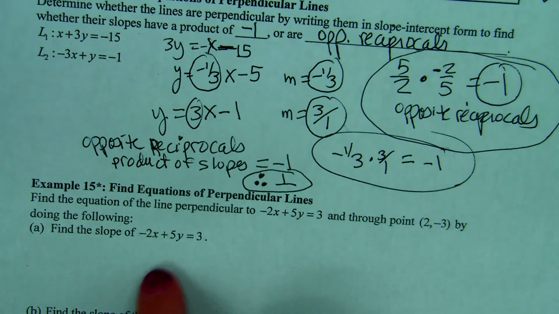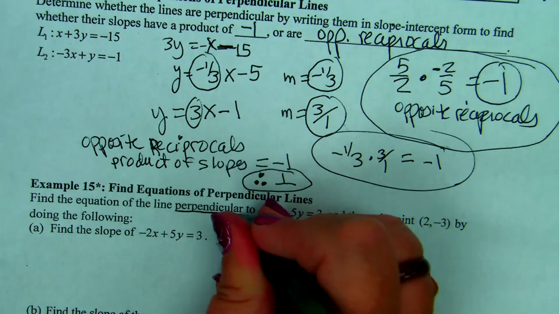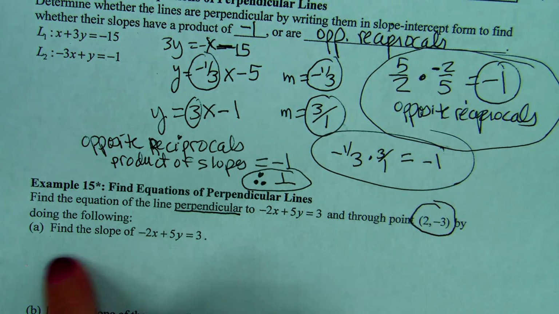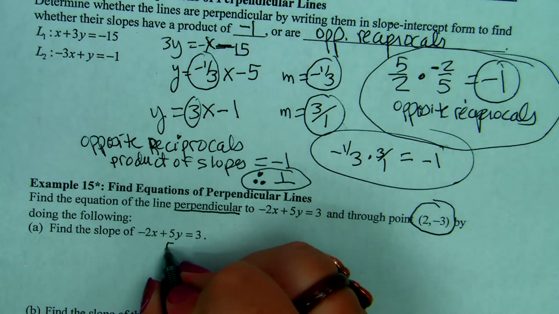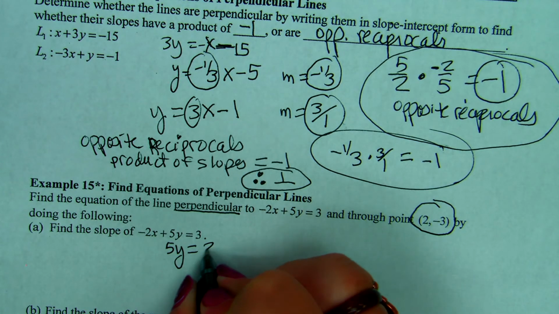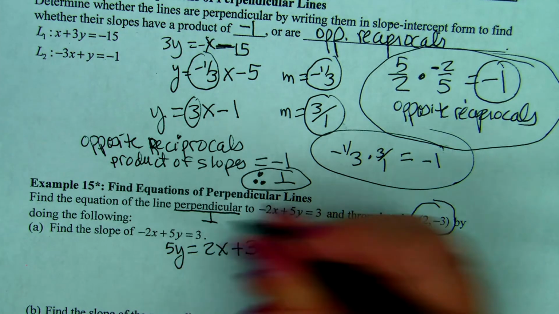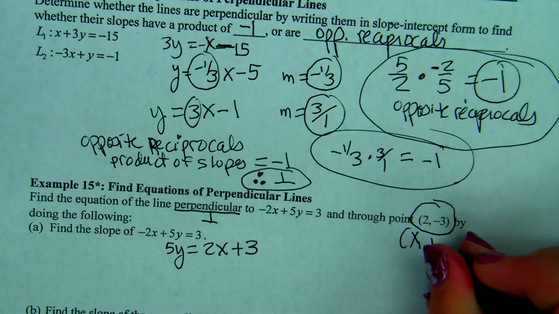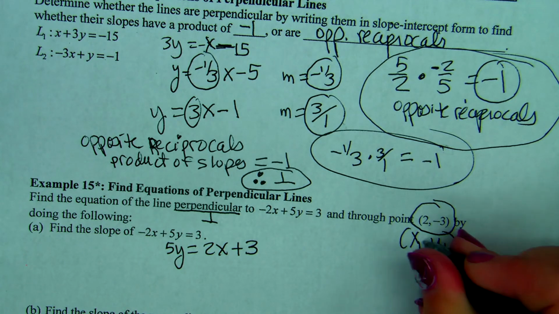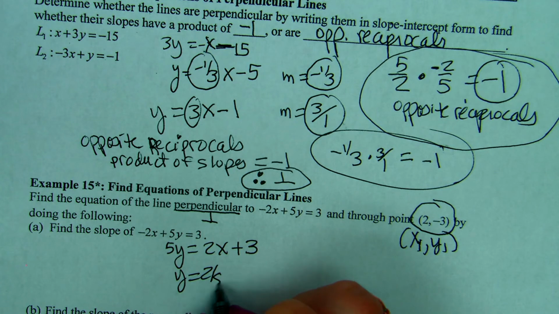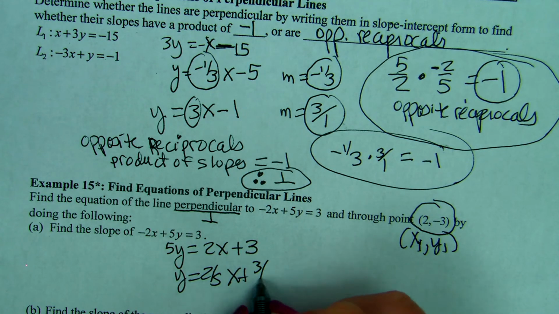So here, we want a line perpendicular to this line and through this point. Find the slope of this line. So we put it in slope-intercept form, add 2x to both sides. We want perpendicular. This is x1, y1. y equals 2/5 x plus 3/5.